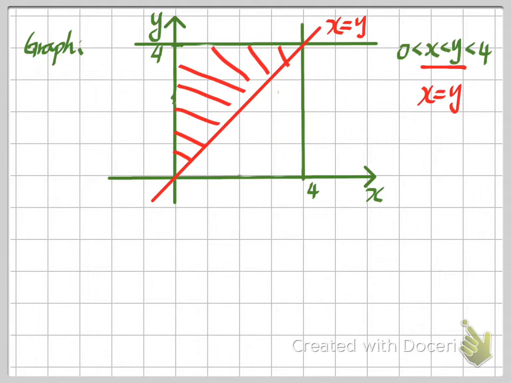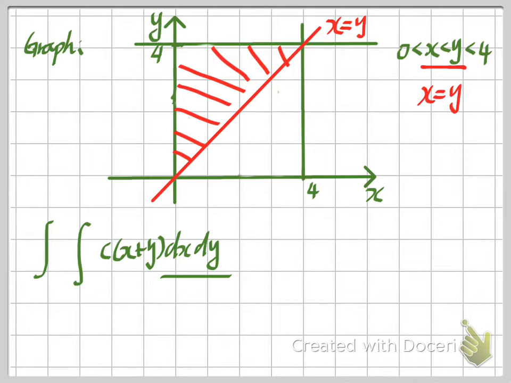The next thing is that if we want to decide the upper and lower limits, the first thing is we need to decide the order of our integral. Here I choose to integrate first with respect to x and then y. So the upper and lower limits for the inner integral should be the limits for x.